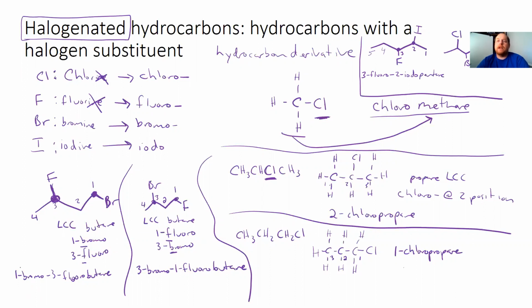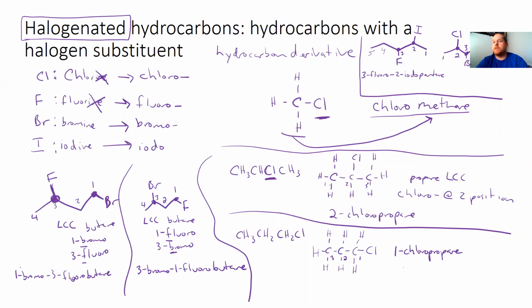Okay. If I go to the next one, again, I can look at the position here and the position here. The bromine is going to be at the 3 position no matter which side I number from. However, the chlorine, if I number from the right, would be at the 4 position. If I number from the left, the chlorine would be at the 2 position. That means I'm numbering from the left because 2 is smaller than 4.